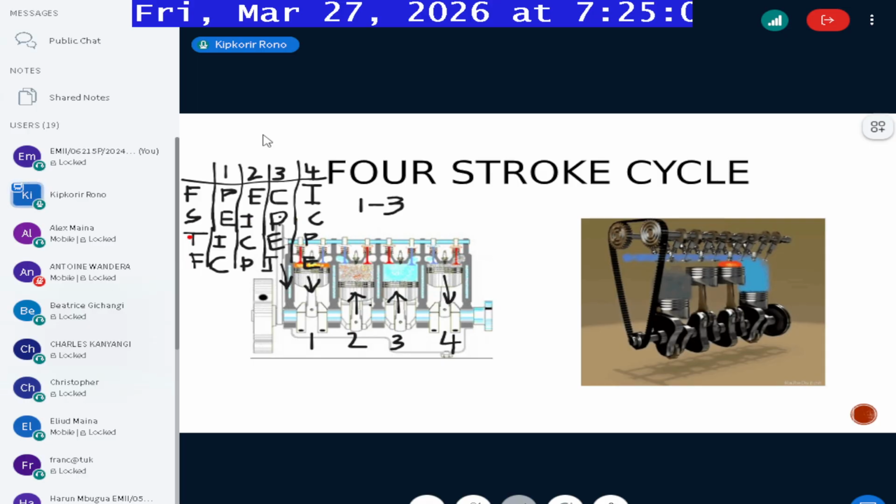Now that is the second line. In the third line, which one is in power stroke? I mean, which one achieves power? Cylinder number 4. You can see this one here. So cylinder number 4. And then finally, cylinder number 2. You can see here. Cylinder number 2.